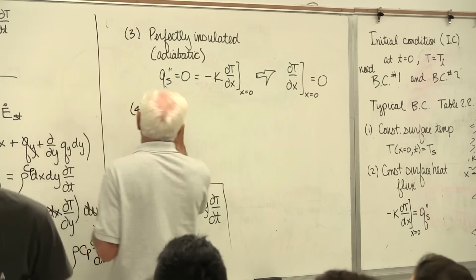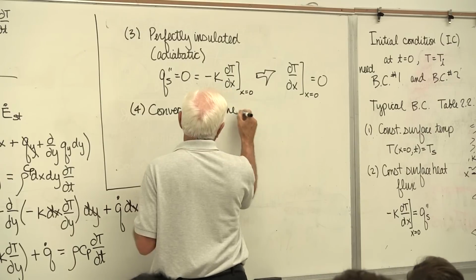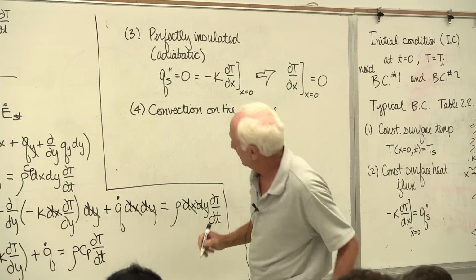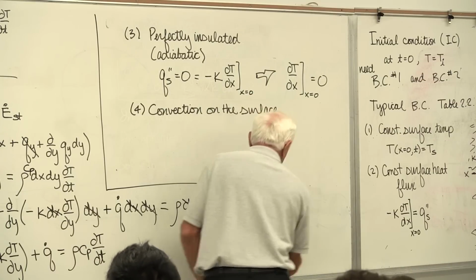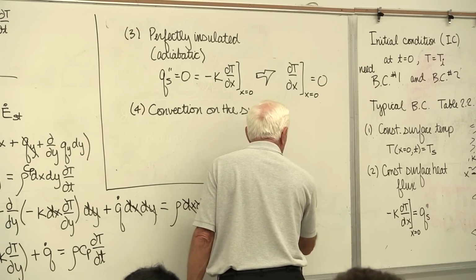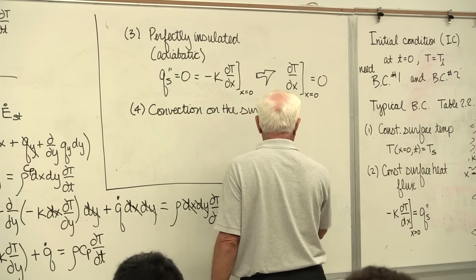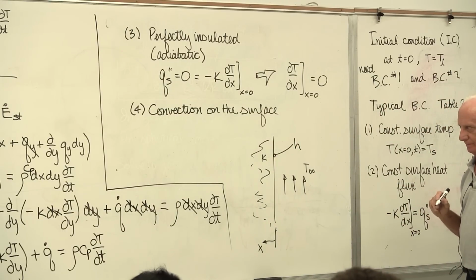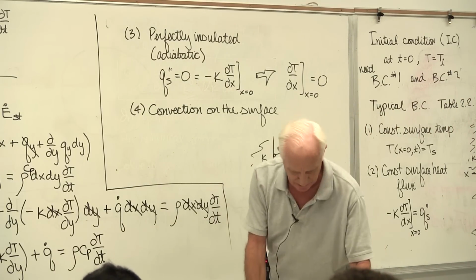Four. Convection at the boundary. Here's a picture. Now we have convection, T infinity, h on the surface. The surface energy balance says the energy that comes in by convection must go out by conduction into the body.